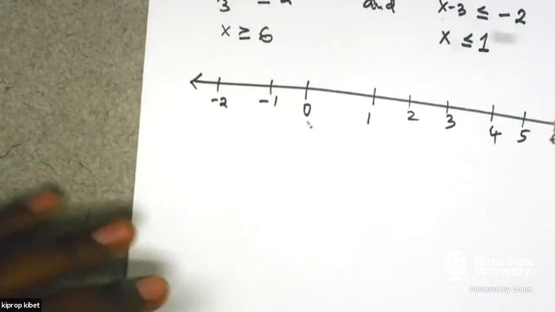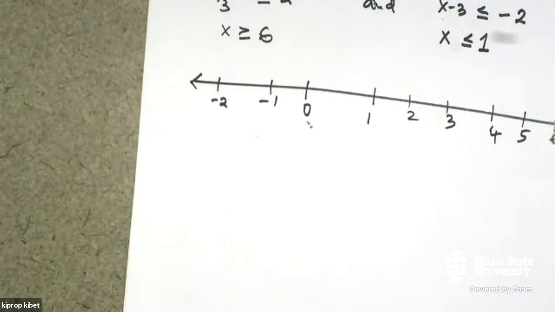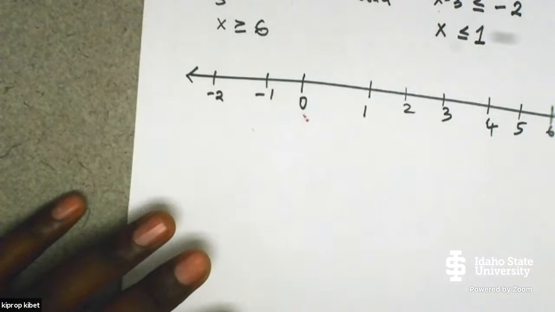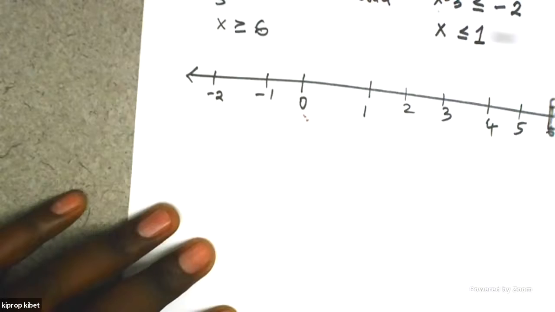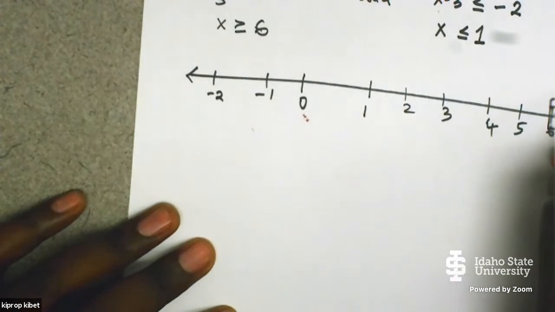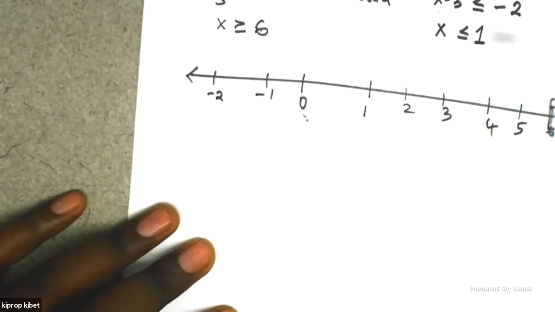Okay, x greater or equal to 6. What happens? It is going that way, right? So this is x greater or equal to 6.